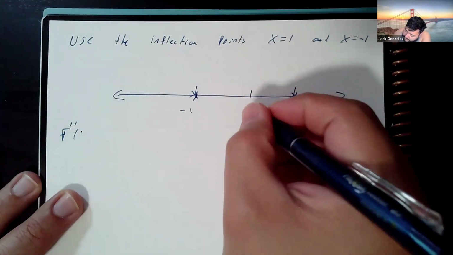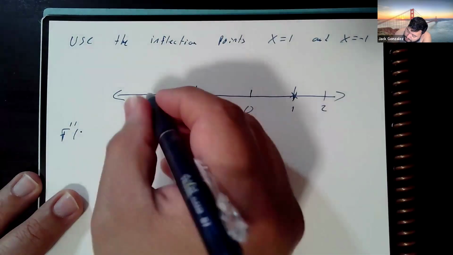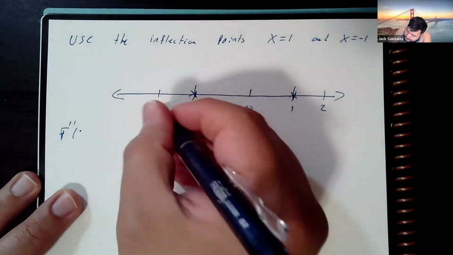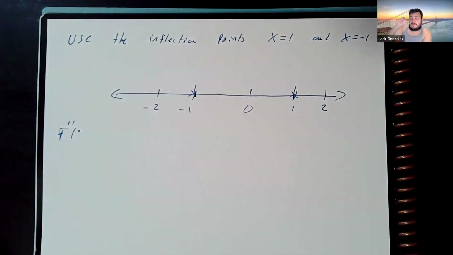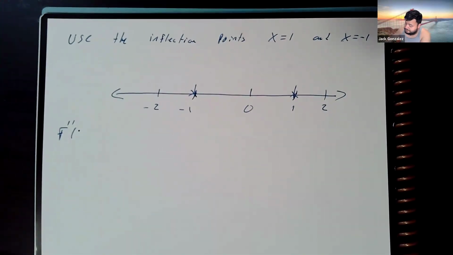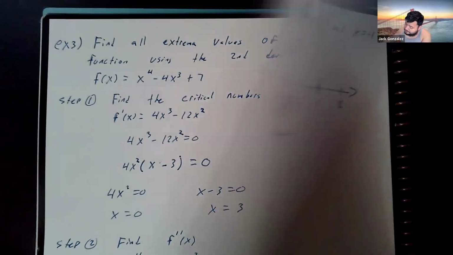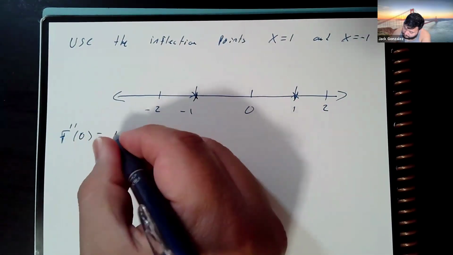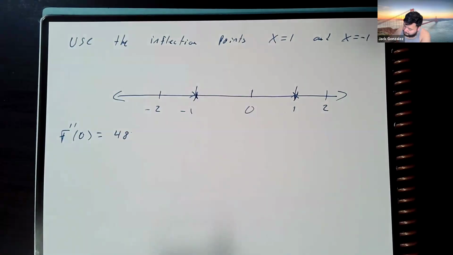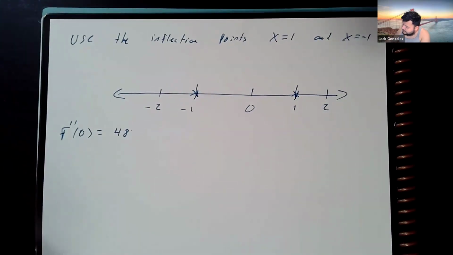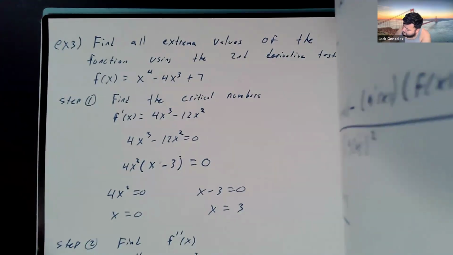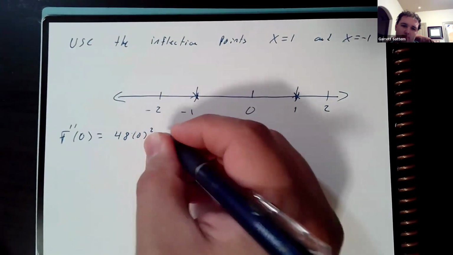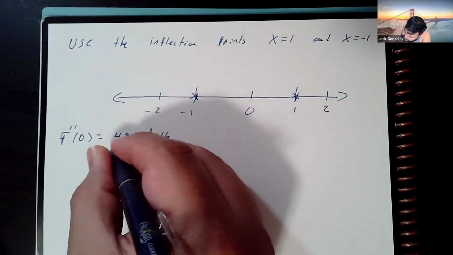So I'm going to pick 0, 2, I don't know, -2. Is this still the same problem? Yeah. We haven't answered the question.